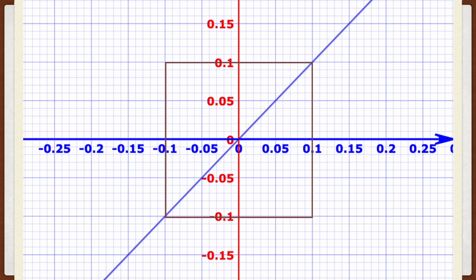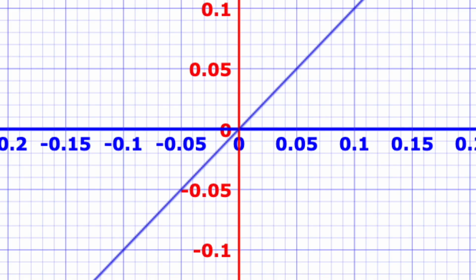Now let's look a little closer up. Say if epsilon equals 0.02. Then the x values of the limit are here and here. And all the x values here would give you function values that fit within epsilon of the limit.